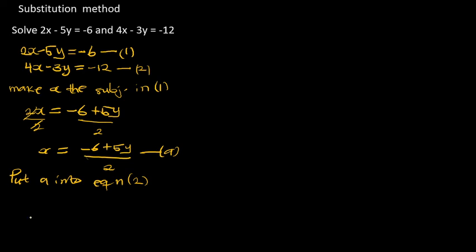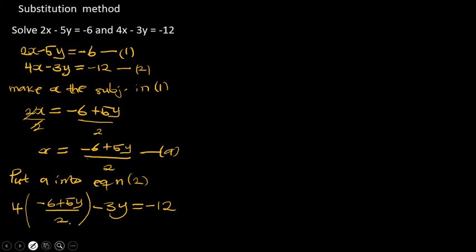Remember we have 4x there, so 4 and the bulk of this, so let's open a bracket for it: minus 6 plus 5y all divided by 2, bracket close, minus 3y. Remember we are using equation 2, so minus 3y equal to what? Minus 12.